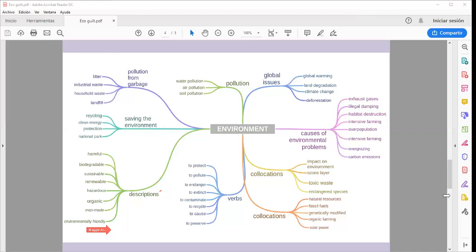Pollution from garbage. So, Angelica wrote, it would be to educate us not to consume products that pollute. Stop consumption of those products. Hey, that's a very good idea.